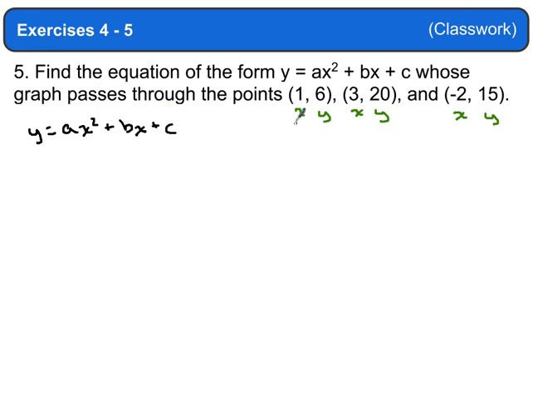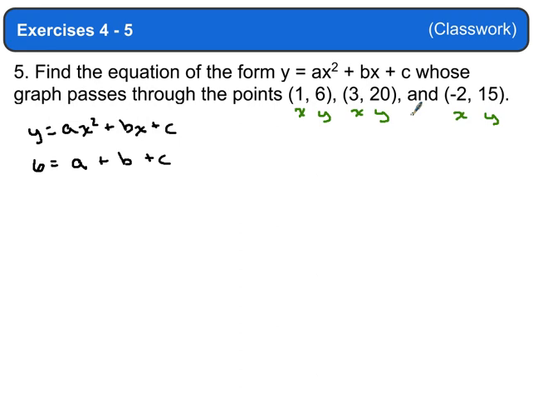So to do that, we're going to plug in the first equation, the 1 and the 6, everywhere there are x's and y's in the equation. So the first one's going to say 6 equals, and then 1 squared is 1, so you're just going to end up with a, and then 1 times b is b, and then you have a c at the end.